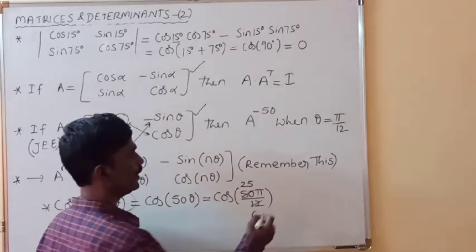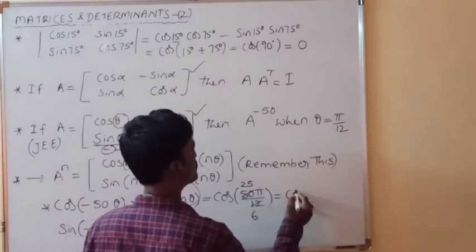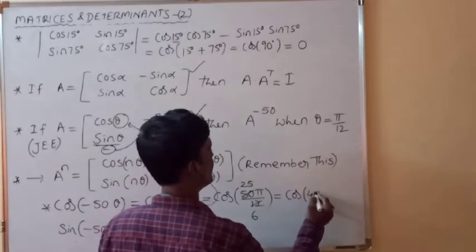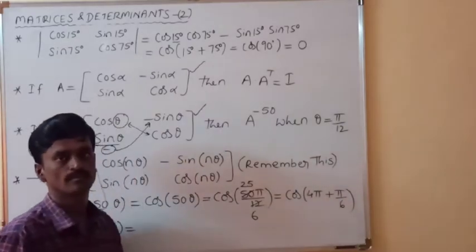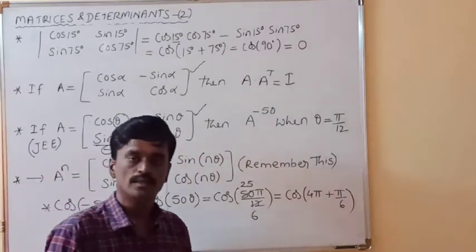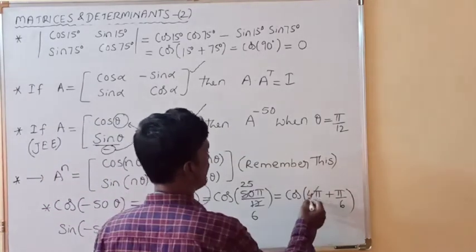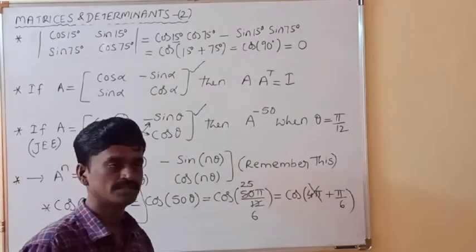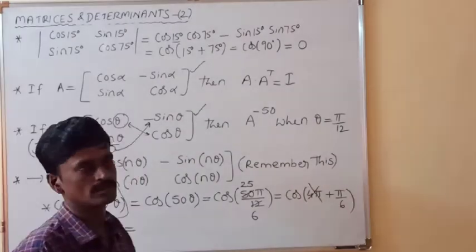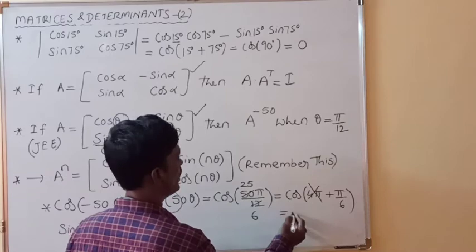Okay. And further this can be written as cos of 4 pi plus pi by 6. Correct? And 4 pi is a multiple of 2 pi, you can neglect 4 pi. That means cos of 4 pi plus pi by 6 is same as cos pi by 6. What is cos pi by 6 value?